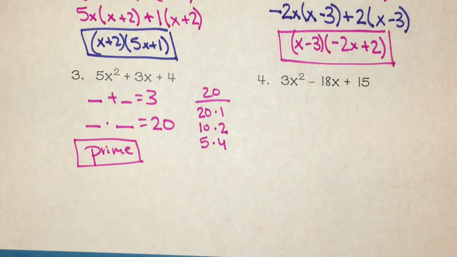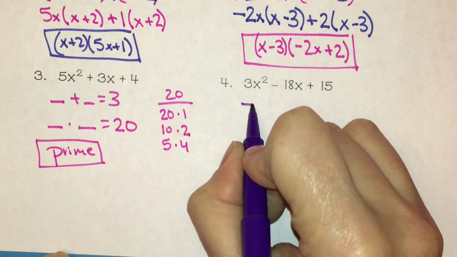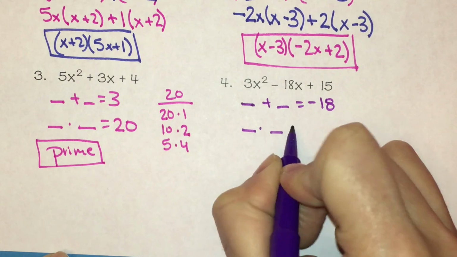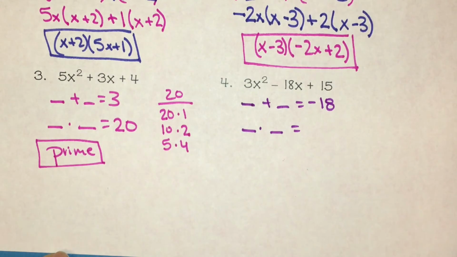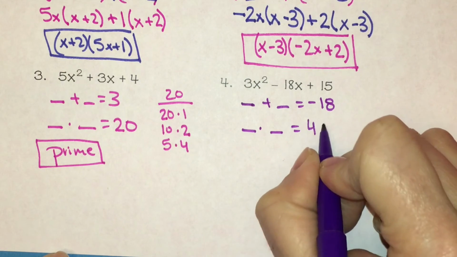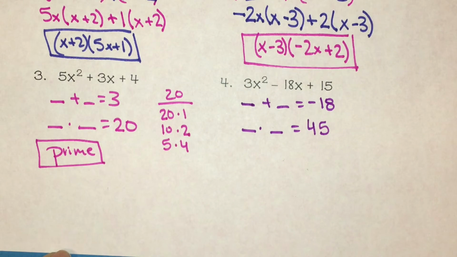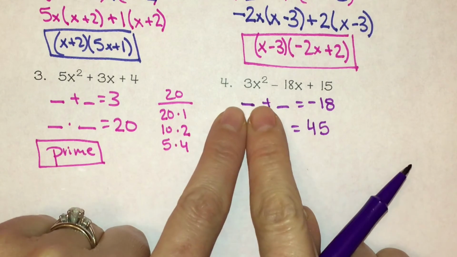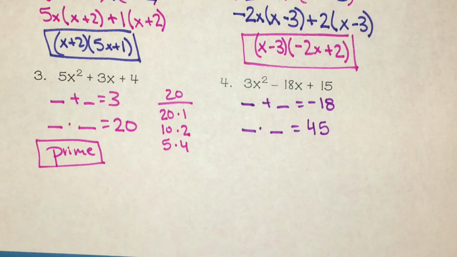And your last one, figure out what you add together to equal negative 18. Multiply together to equal 3 times 15 is 45. And we know that they both have to be negative because that's the only way to get a positive when multiplied and a negative when added. So you can go through all the factors.